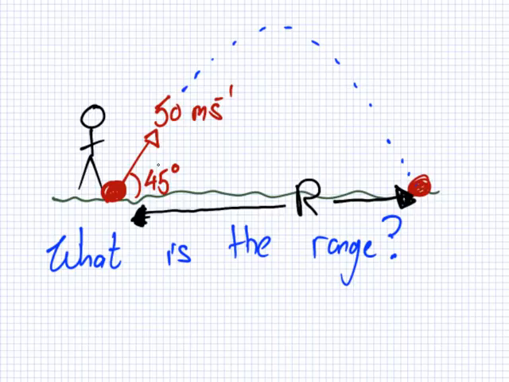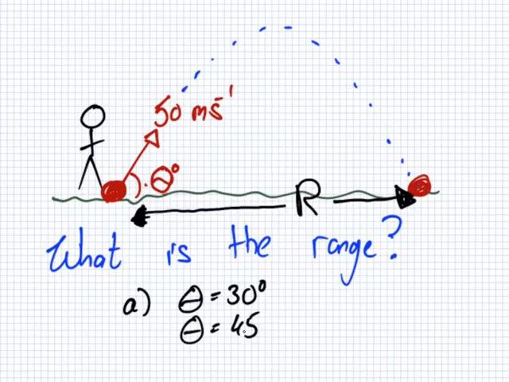Actually, you know what? I don't want to make your life too easy, so I'll call this angle theta. I want to know what the range is if theta equals 30 degrees, if theta equals 45 degrees, and if theta equals 60 degrees.